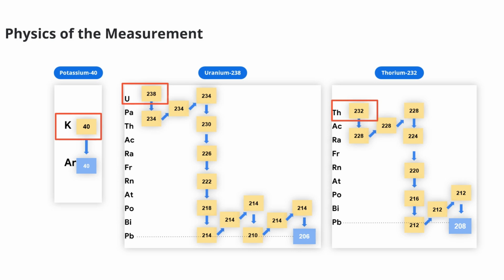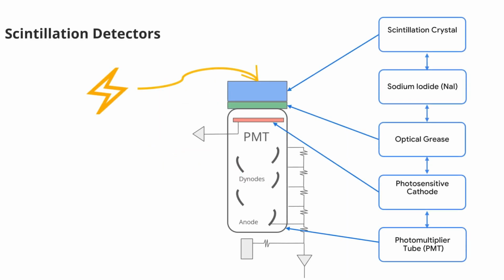Potassium-40 decays to argon-40, uranium-238 to lead, and thorium-232 to lead, each with their own complex sequences and half-lives. These decay processes involve gamma ray emissions, which we measure to determine the presence of these elements in the formation.